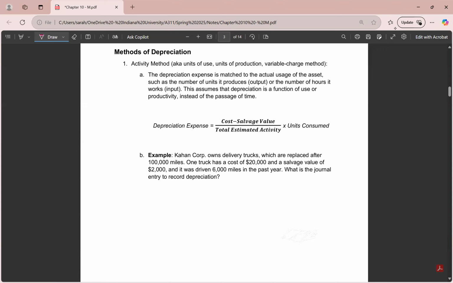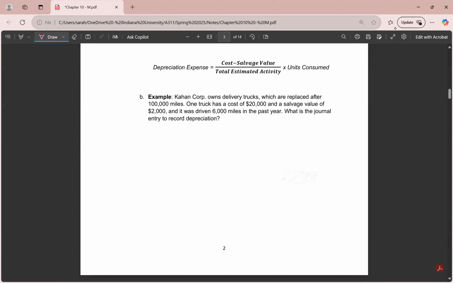It's saying that the asset gets used up not just over time, not the same amount every single year, but it gets used up and it should be expensed according to how much activity you have used it for. So we have the formula here, and let's do an example.